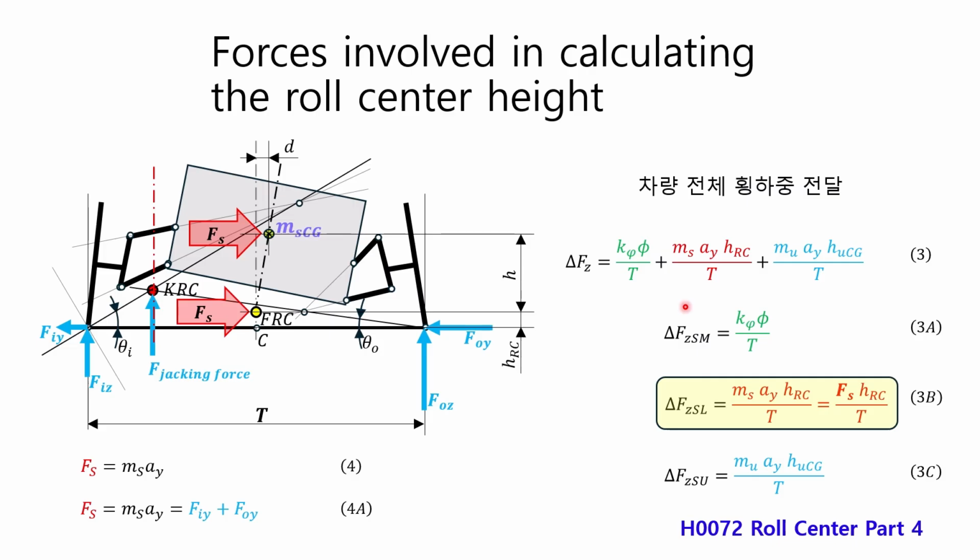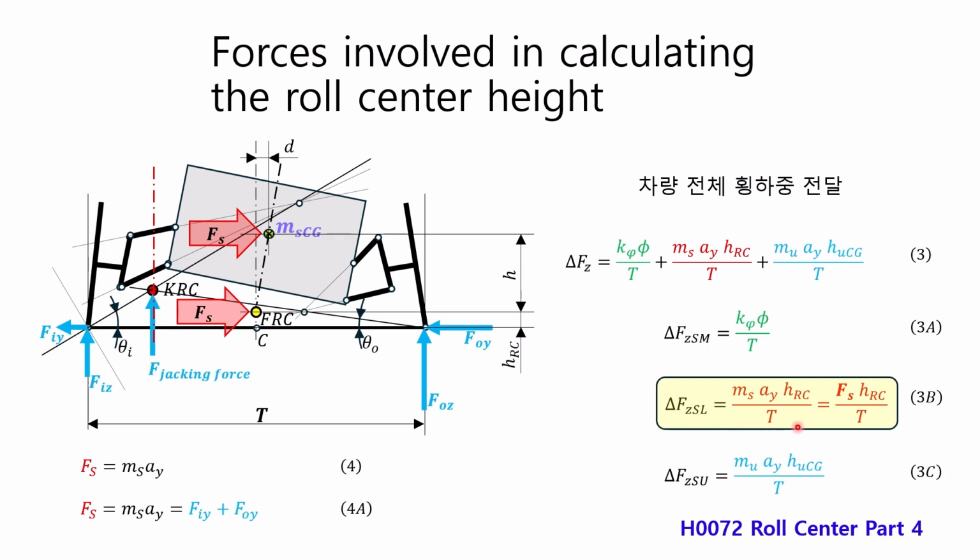And the load transfer, delta FZSM, they generate can be expressed by equation 3a. The second is the moment about point C with moment arm HRC caused by the lateral force Fs acting directly transversely, and the load transfer delta FZSL caused by this moment can be expressed by equation 3b.